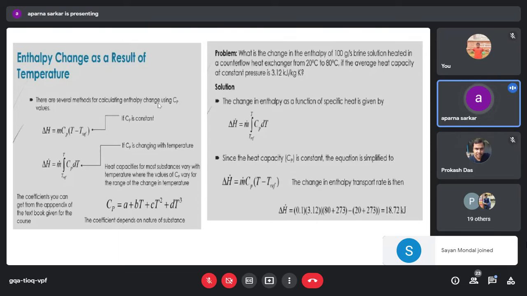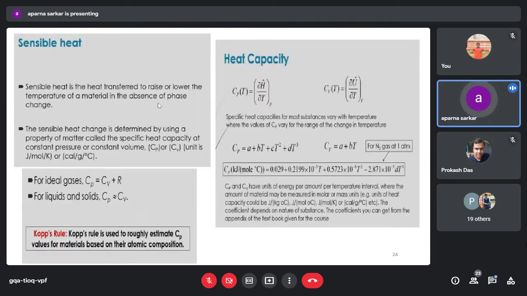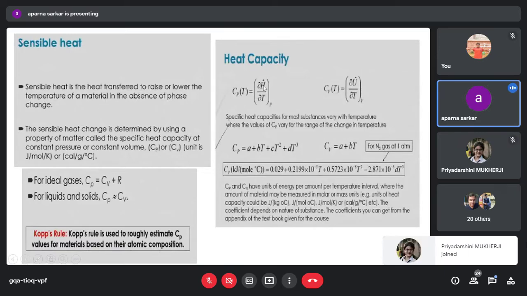That is our formula. Now if del H is a function of temperature, what happens to the enthalpy change when the temperature changes? There are several methods for calculating the enthalpy change using this Cp value, because when the Cp value changes with temperature, we have del H by del T.